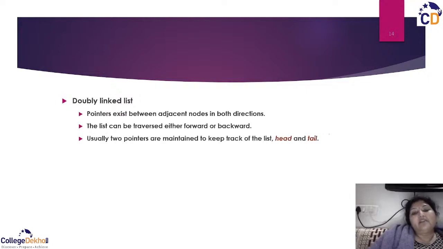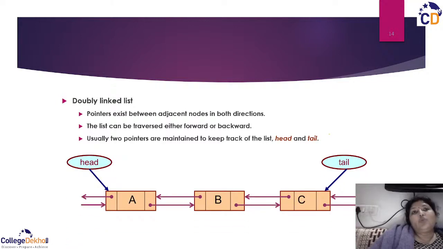In a doubly linked list, whereas in a singly linked list you have observed that we have only two parts in a node, in a doubly linked list we have three parts. One is the value or information.